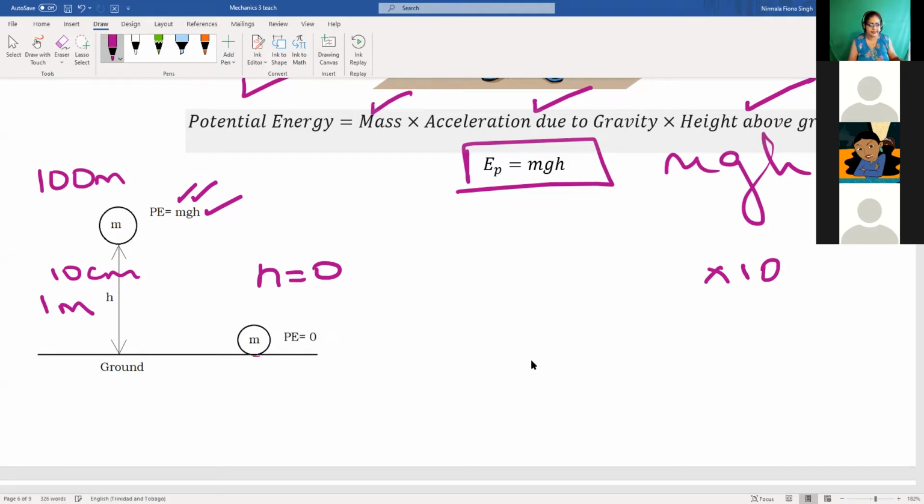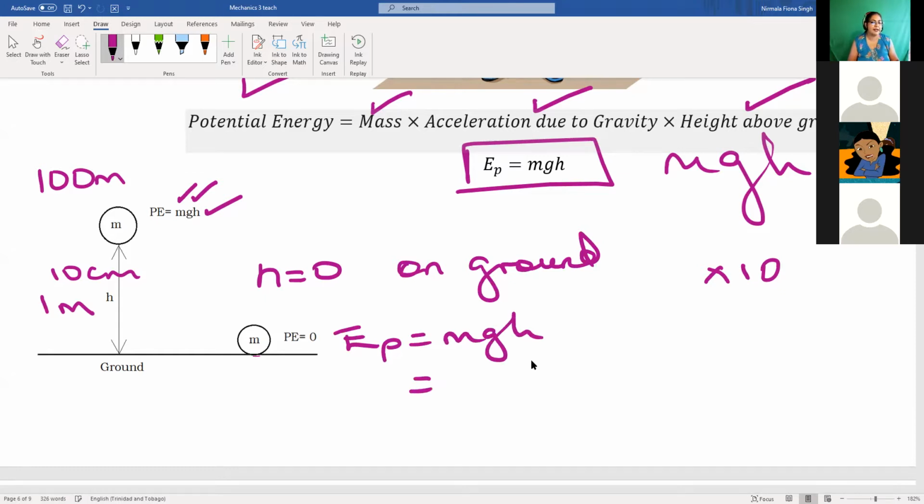So if my height is zero, meaning on the ground, your potential energy will be mgh, and anything multiplied by zero is how much? Zero. So if I have mg times zero, no matter what your mass is, no matter what gravity is, as in what planet or moon we are on, you're going to get zero.